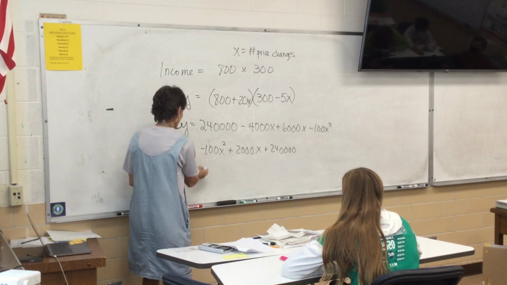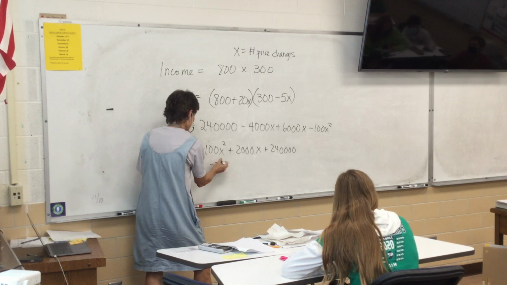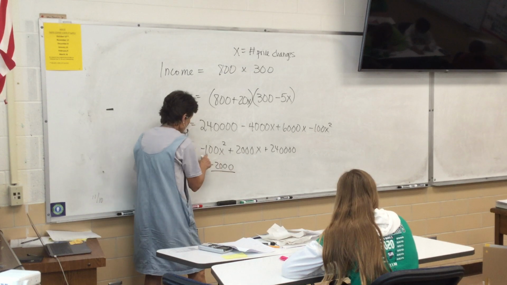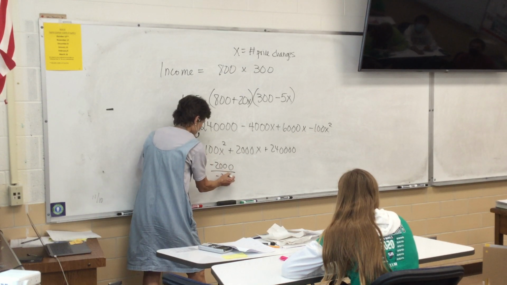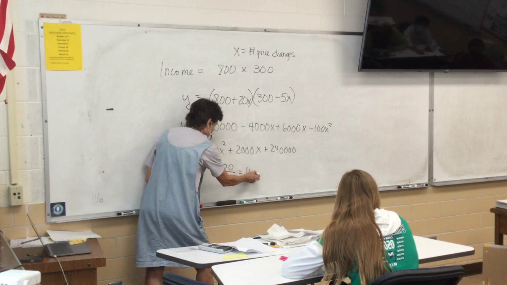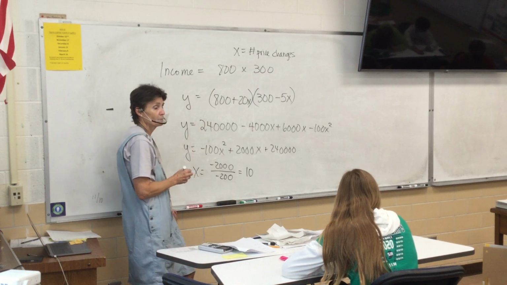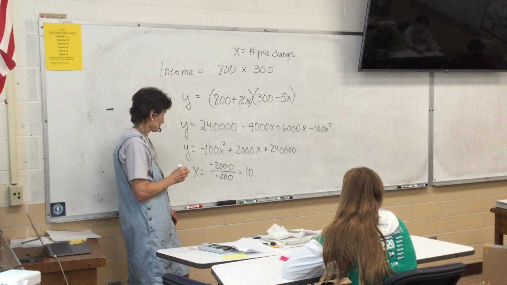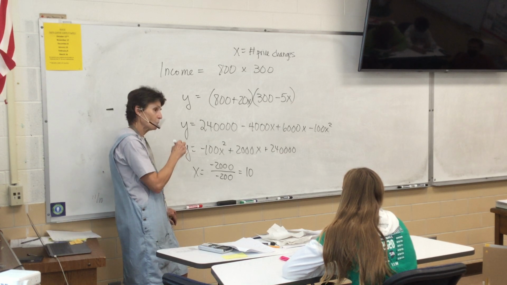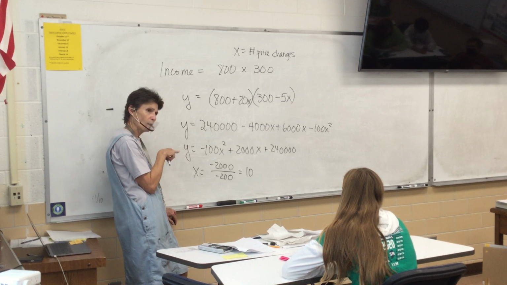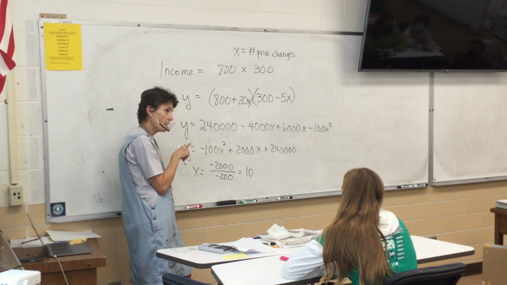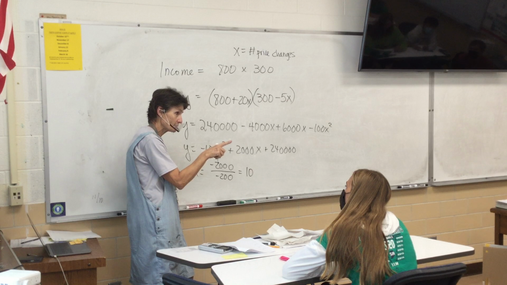So x equals negative b over 2a, which I think is 10. Now wait, what does that stand for? 10 what's? Not $10. 10 times to change the price.